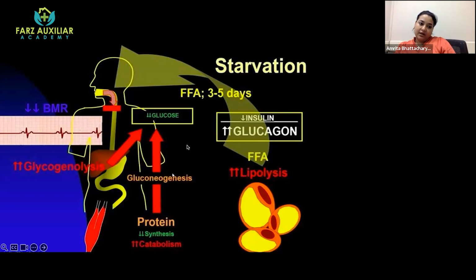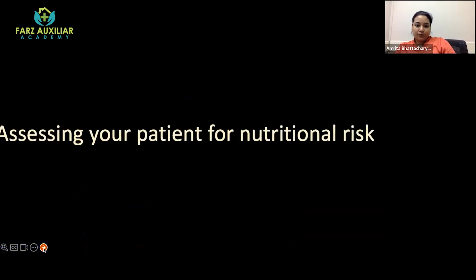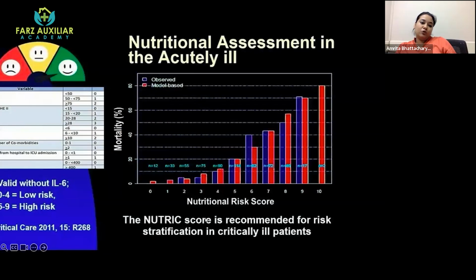So everything, whether it's your proteins or your fat, is preferentially shuttled for glucose synthesis in the presence of an increased glucagon to insulin ratio. Due to the increase in these counter-regulatory hormones, there is decreased protein synthesis and increased protein breakdown and fat breakdown. So what do we do in this condition?